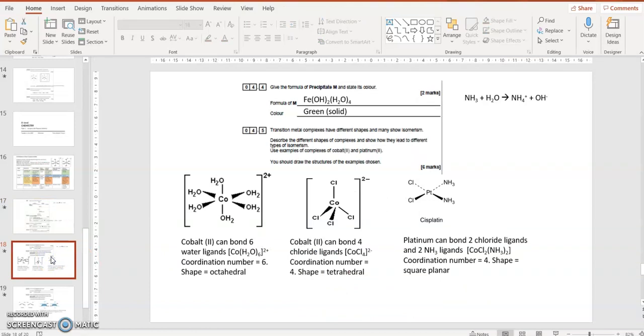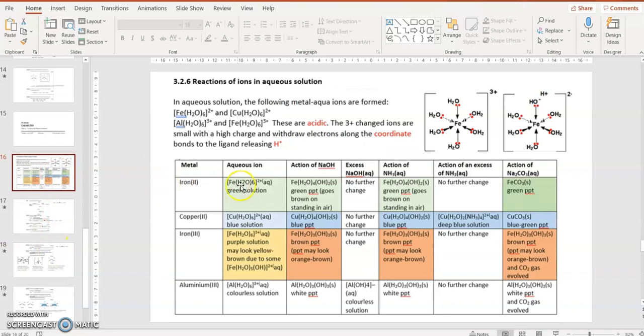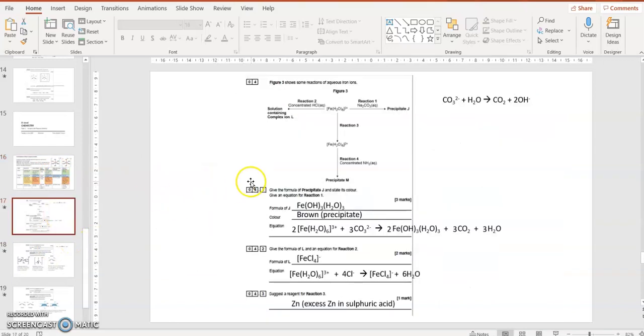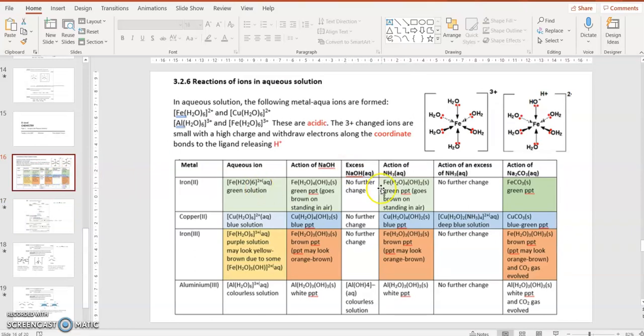A big question, we've done this several times: give the formula of precipitate M and say its colour. What was this? M. Concentrated ammonia with Fe2+. So we know that ammonia replaces 2 of the waters with OH-, Fe2+, 2 OH- to leave no charge left over, and it's a green precipitate.